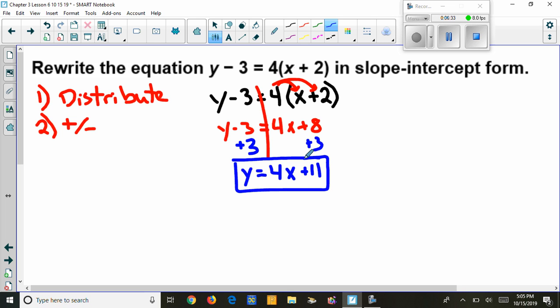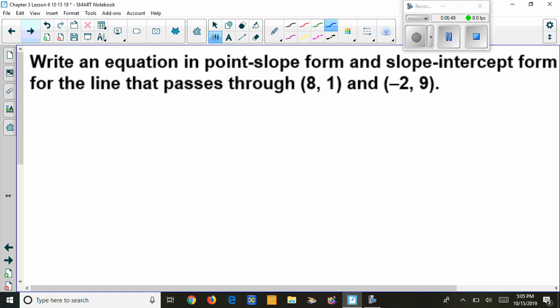What we're going to move into is what happens when I am asked to do a full problem, starting with writing the point-slope form, and then turning it into slope-intercept form. Write an equation in point-slope form and slope-intercept form for the line that passes through (8, 1) and (-2, 9).